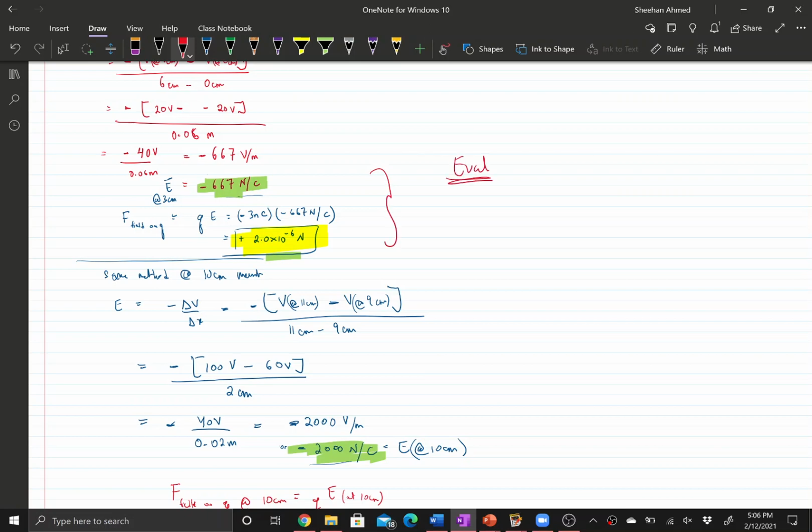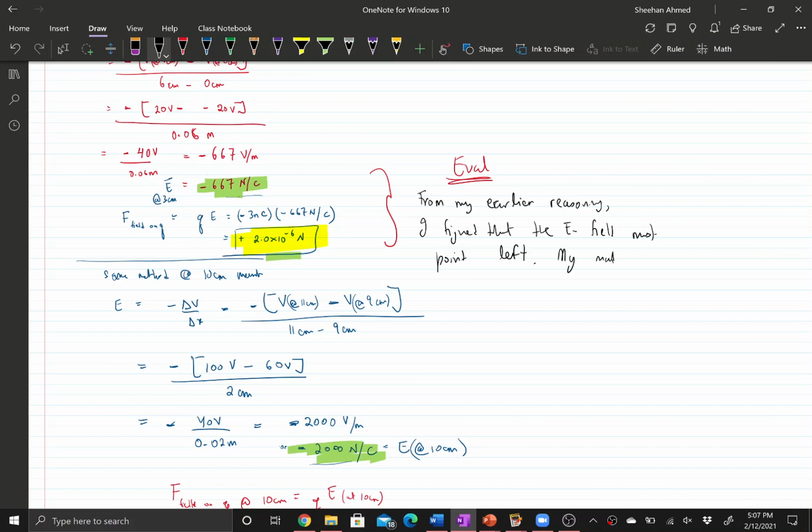Evaluation. My evaluation is from my earlier, how do I spell earlier? E-A-R-L-I-E-R reasoning. I figured that the E field must point left.